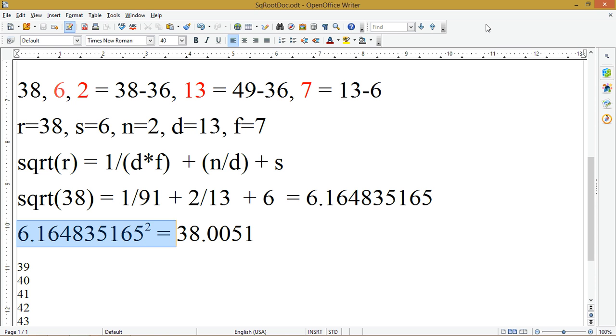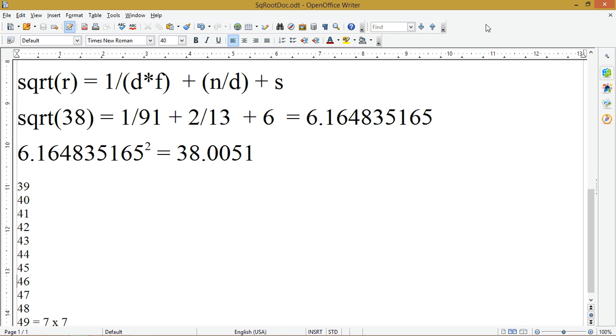And again, it is a very close approximation to the square root of 38. Because in reality, we could just keep putting 38.0000 and just keep going on, because we're going to get an irrational number, right? So what we're really doing is taking rational numbers and getting very close approximations for the square root of imperfect squares.